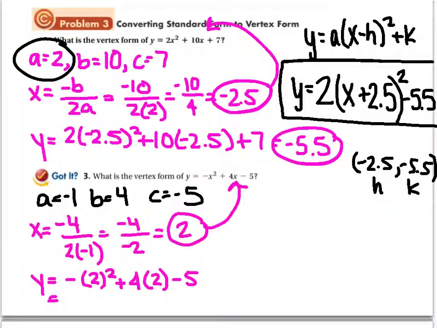So yes, 2 squared, that is absolutely a positive. But this negative sign is multiplying the 4 after it is squared. That is why we end up with a -4 here. -4 plus 8 minus 5. And you get -1 as the y value. So your vertex here is 2, -1.